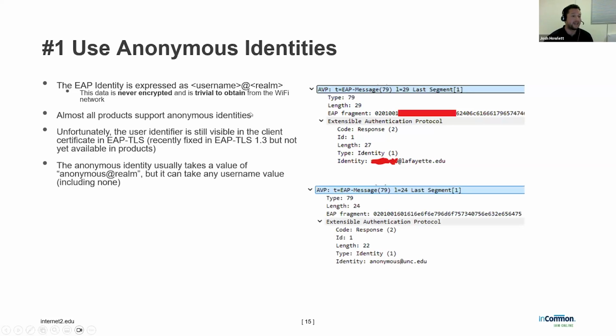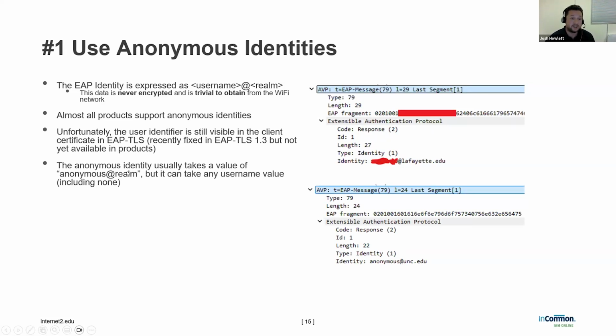Unfortunately, despite that being legacy, nonetheless, almost all products still put the username in the EAP identity. And this field is just sent unencrypted over the network. So you can see here a Wireshark dump where a user's identity, I've obviously redacted it, is in clear text. And there's nothing that can be done about that.